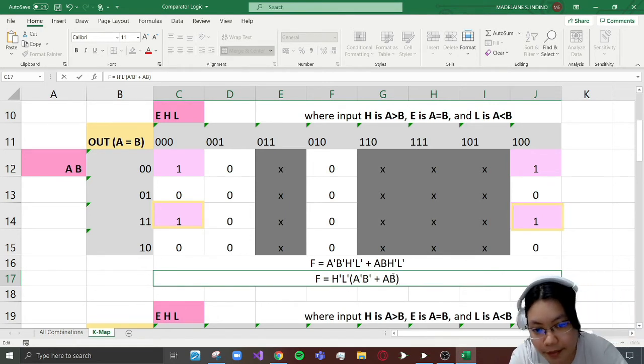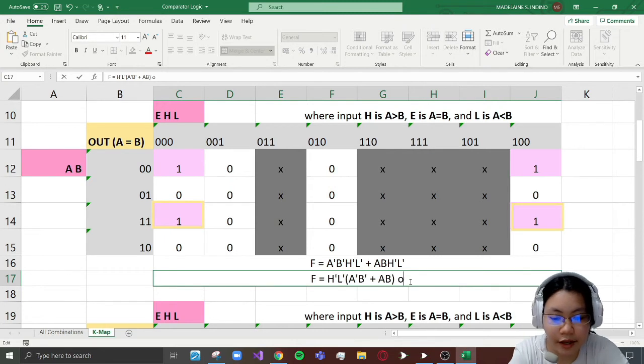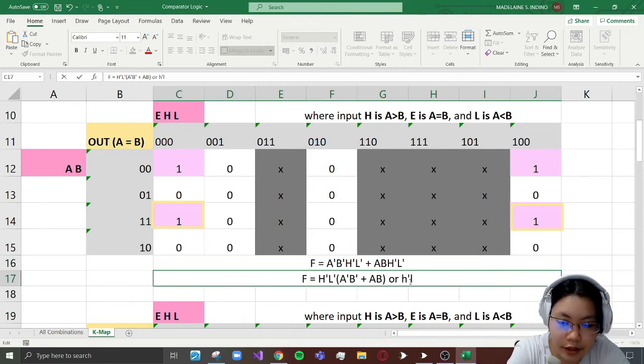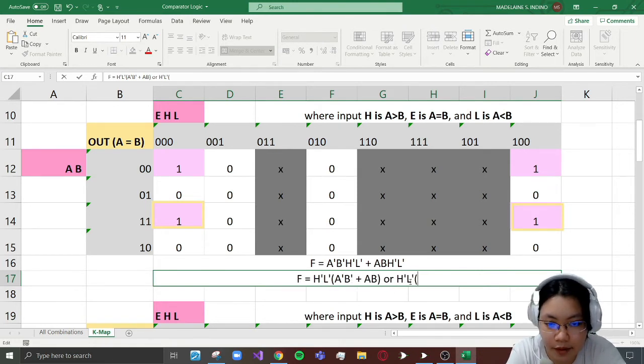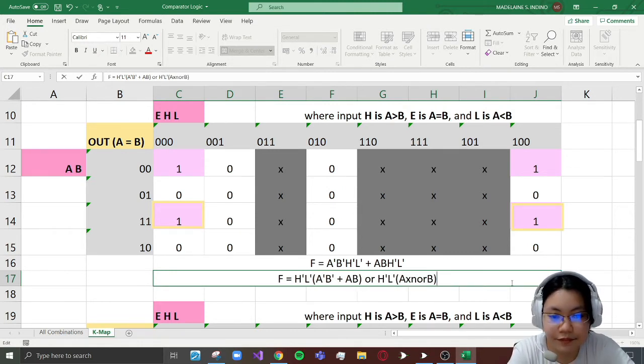However, if we examine what's inside this parenthesis, we can see that this is an XNOR function. So let's write that out. H'L'(A XNOR B). Okay.